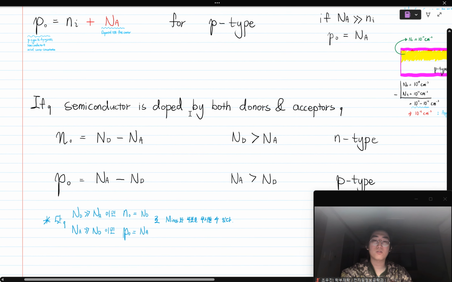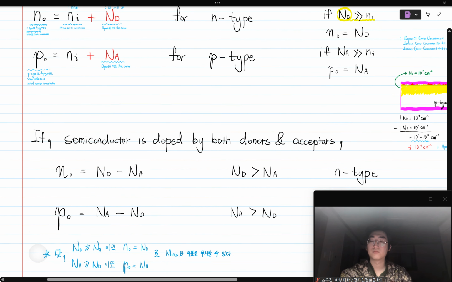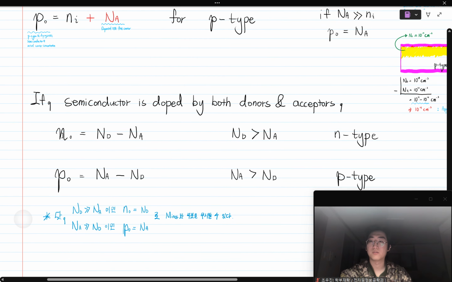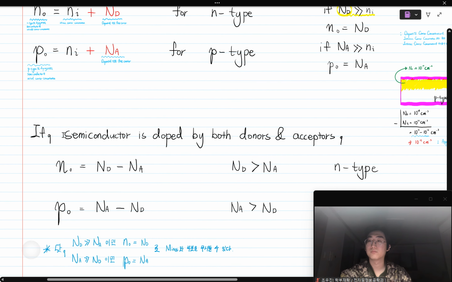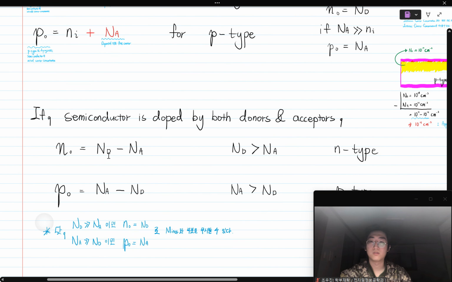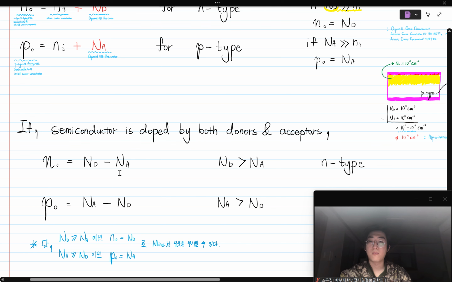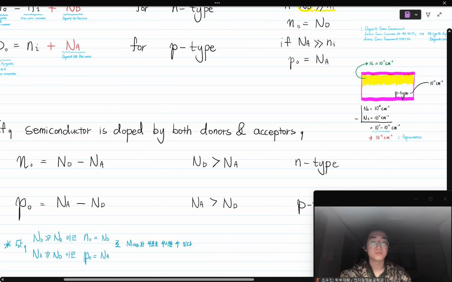And if the semiconductor is doped by both donors and acceptors, the carrier concentration in the n-type semiconductor can be expressed as the free carriers from dopants minus this one.